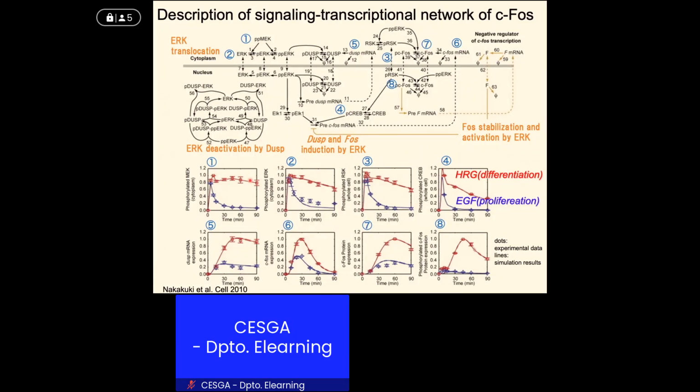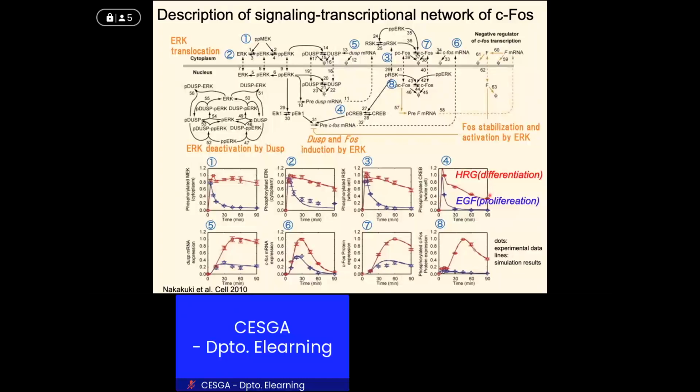It's very, very manual. And it's up to 90 minutes after the ligand, the growth factor stimulation. And as you see, this is called heregulin, it shows a differentiation of the cell, shows this kind of sustained activity, but at the end of the c-Fos activation, it shows a full activation.